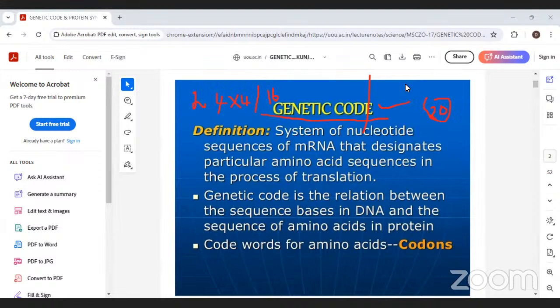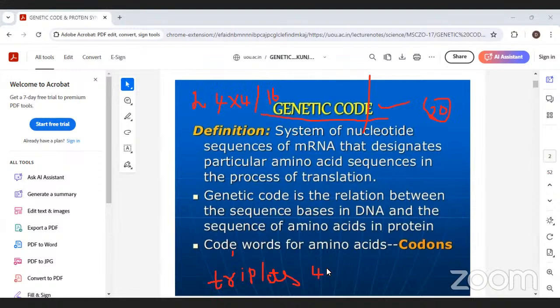If the nucleotides are then assumed to be arranged in units of three, the possible trinucleotide combination is called a triplet. Triplets, that is the name.